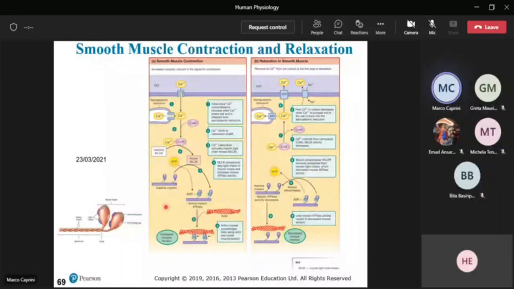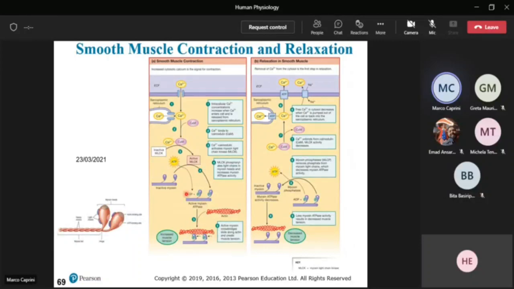Look at here. You remember the 45 degrees angle and the 19 degrees angle in the skeletal muscle, okay? Here I am at 45. If I go to 90, now I have a lot of energy in order to move the actin. And here is the same.